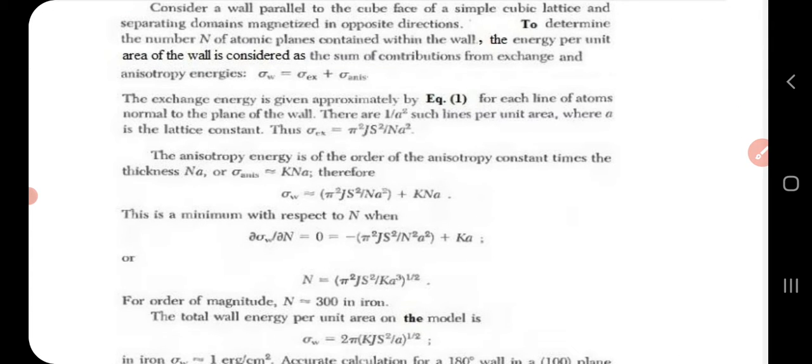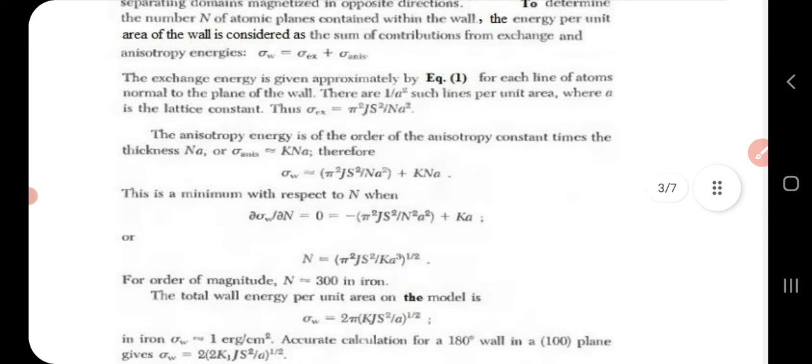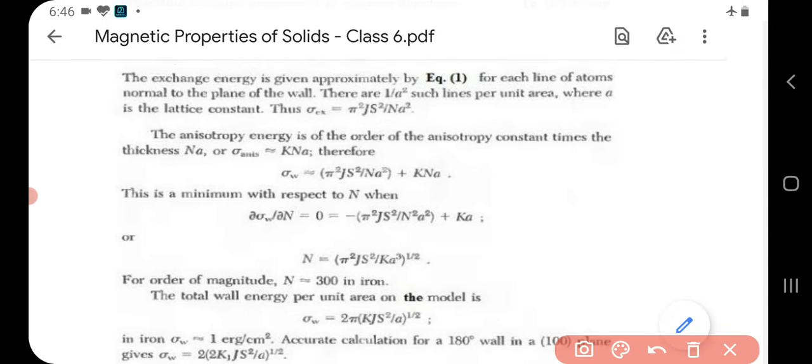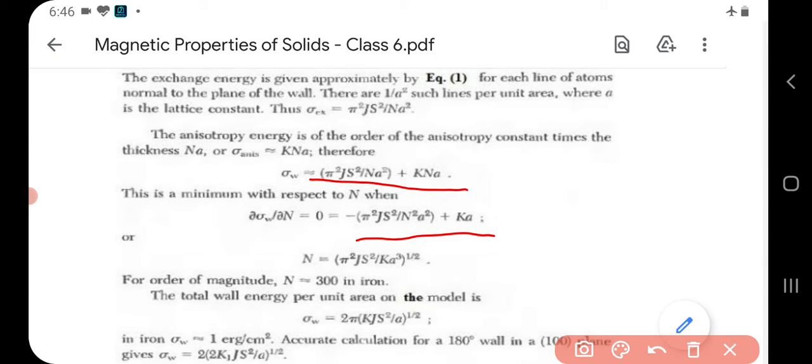This energy per unit area of the wall, sigma_w, is minimum with respect to n when its derivative with respect to n is 0, that is when dou sigma_w by dou n equals 0. From that we can find the expression for n as n equal to root of pi square J S square by K a.